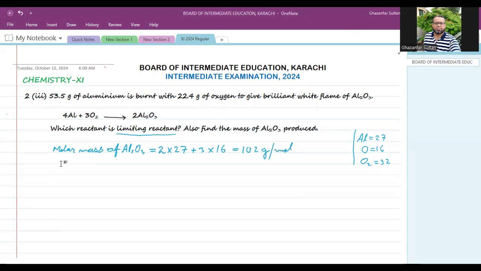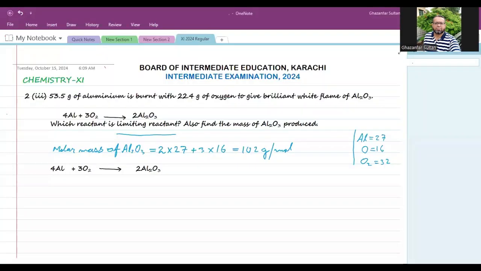Now the main calculation, the solution of the numerical, starts by rewriting the chemical equation. It is an easier way. So for the solution, we have written this equation again.